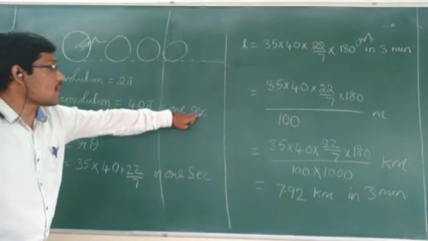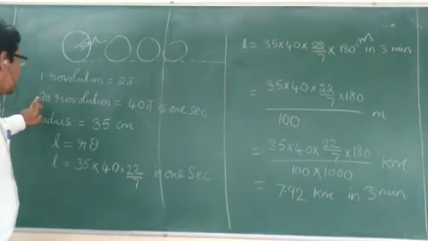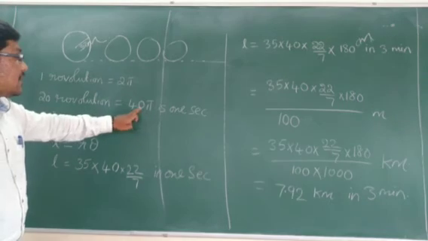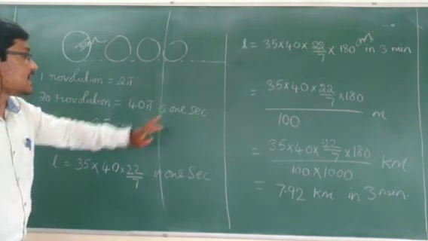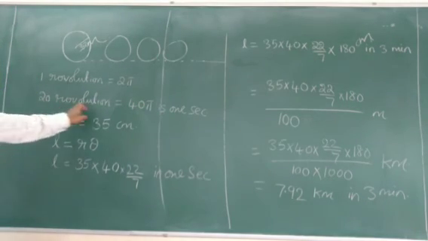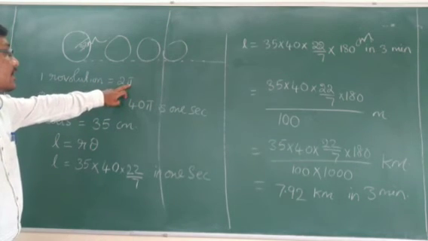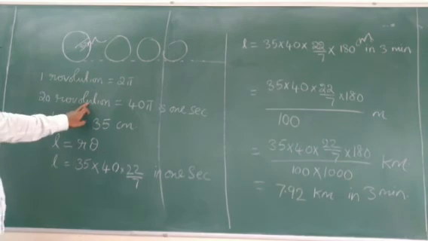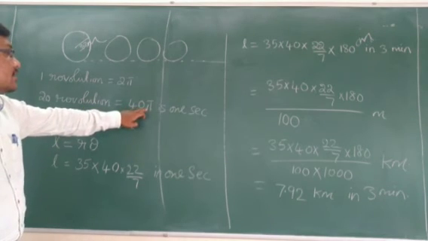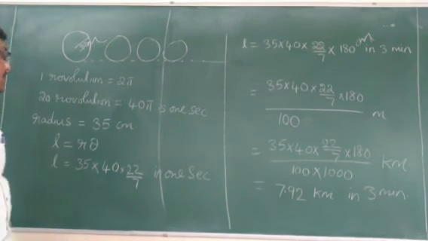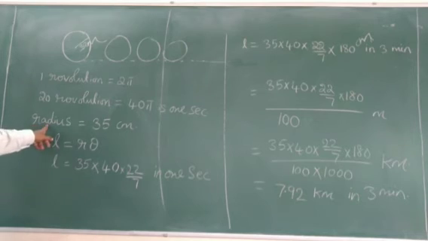So in 1 second, the wheel makes 40 pi radians. Why are we writing 2 pi? Because we are finding the angle. So 20 revolutions is 40 pi, and this is the angle theta. Radius is 35 centimeters.